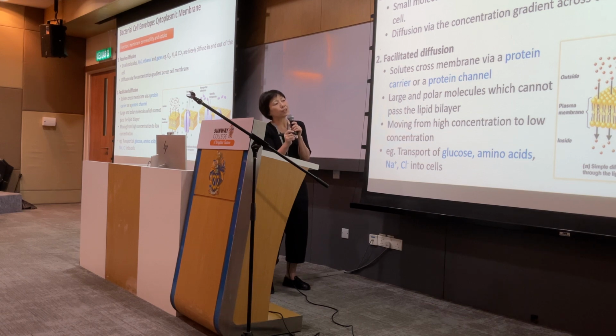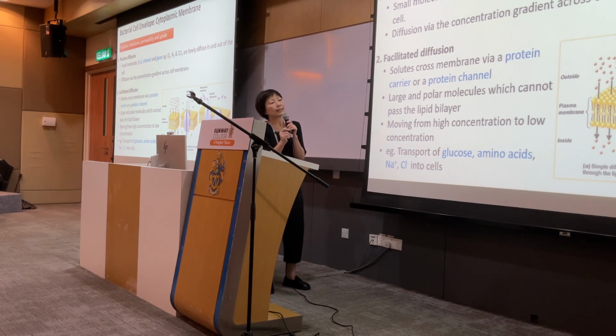Normally, the protein channel will have a pore at the center that allows the molecule to pass through. Normally, this protein will change when it receives the molecule, let's say a nutrient.